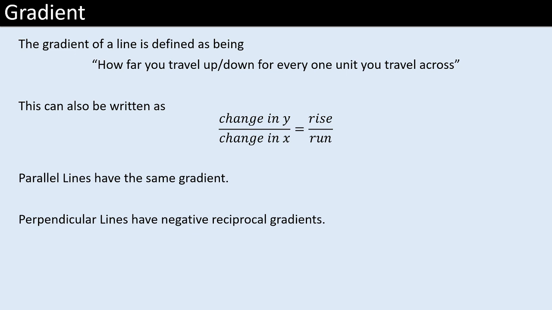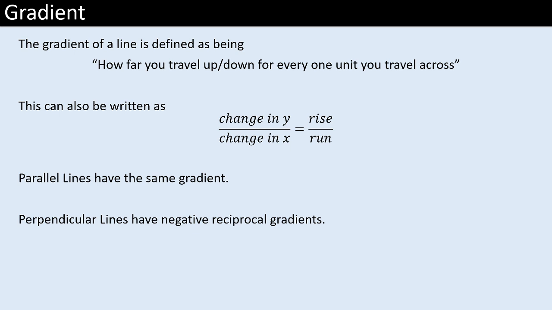So the gradient is another word for steepness, okay? And so we define steepness as being how far we have to travel up or down for every 1 unit that we would have to travel across, okay?